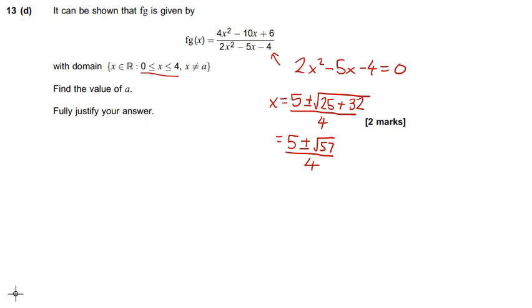Root 49 is 7, root 64 is 8. So it's a bit more than 7. So 5 minus that is going to be a negative number, but that's not in the domain. So only x is equal to 5 plus root 57 over 4. And you should just double check that that is in the domain, but that is the value. We'll just leave it like that because we're not asked to simplify that, express it approximately.